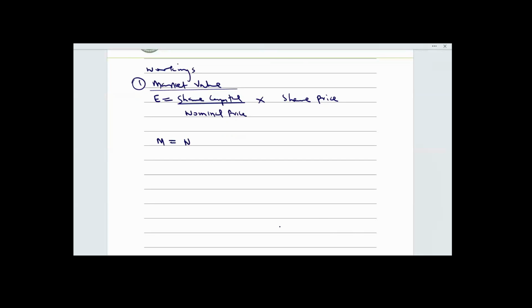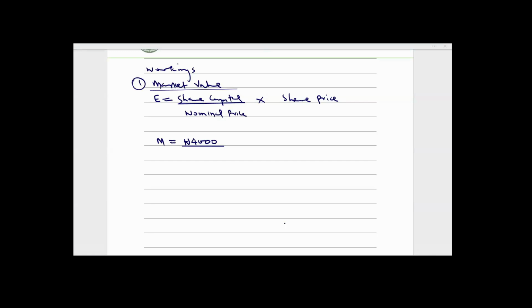So here is 4,000 divided by the nominal price. You recall when I was explaining, nominal price is the same thing as face value or par value, or book value. So the nominal price of the ordinary shares for Mississippi is 25 kobo, 0.25.